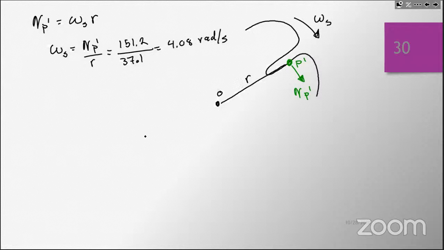And the last part of this has to deal with us figuring out the acceleration. AP is equal to AP prime plus AP with respect to my rotating frame plus my Coriolis. This is the acceleration equation that we've been using.